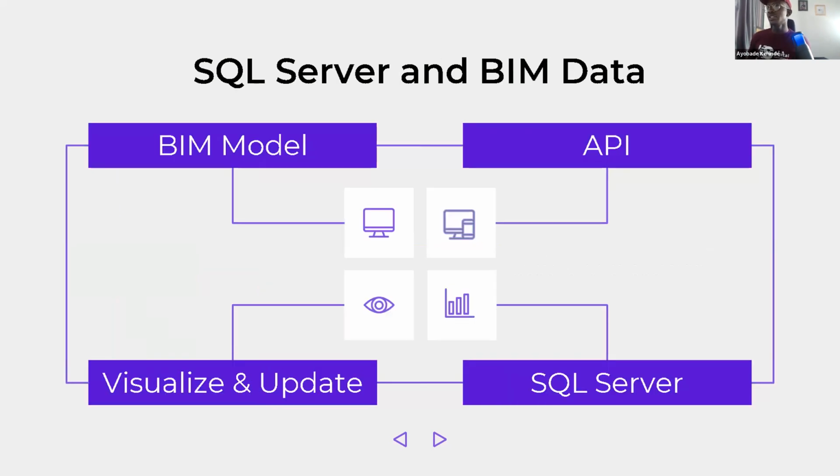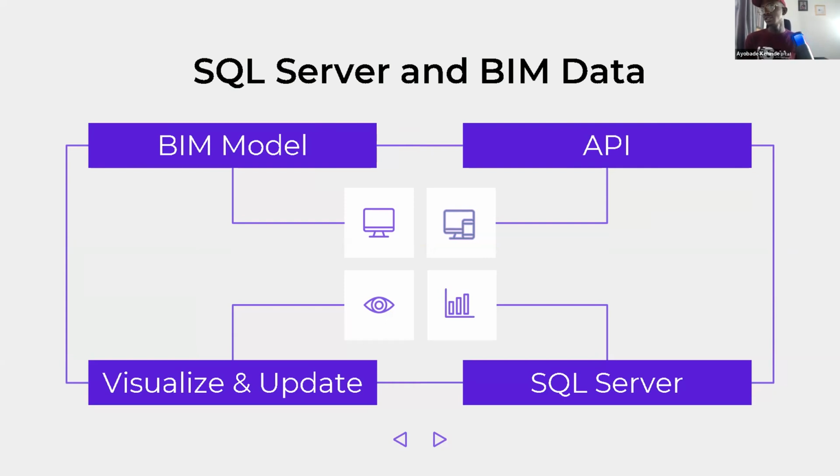Now, the SQL Server and BIM data. If you zoom into SQL and how it can benefit the BIM space or data from the BIM model, it all starts with the BIM model, like I mentioned earlier on. So if you have to send data from a BIM platform to a SQL server, you need an API.